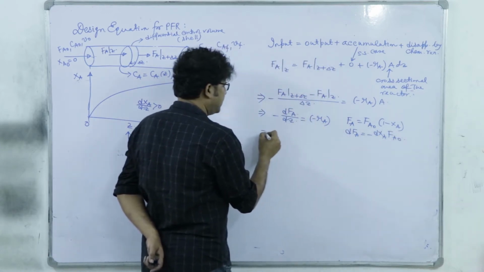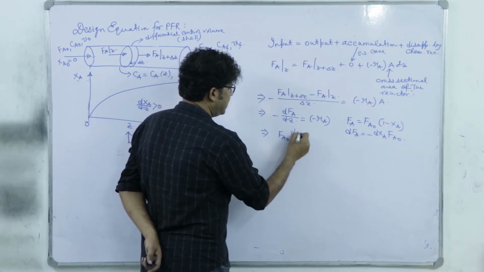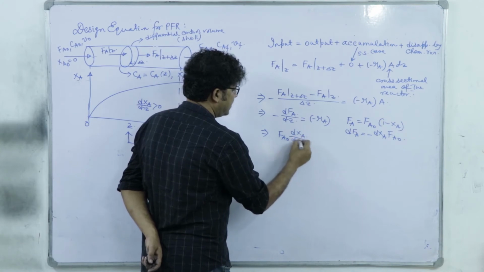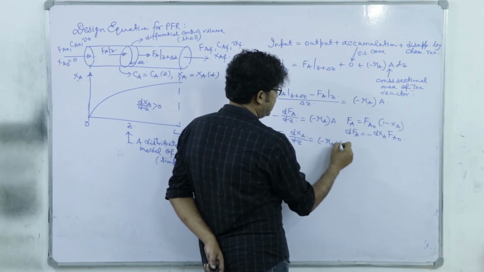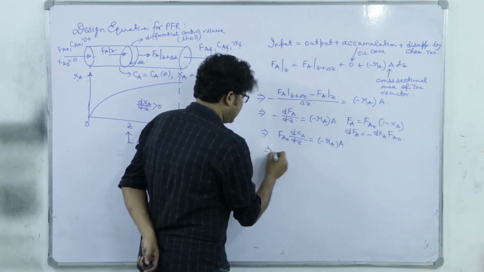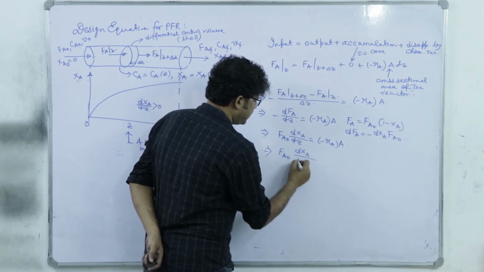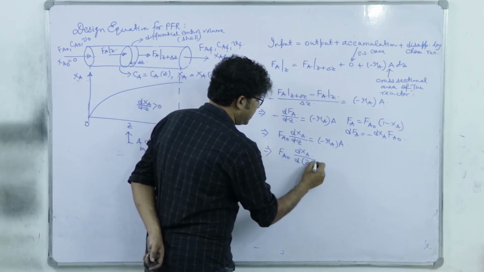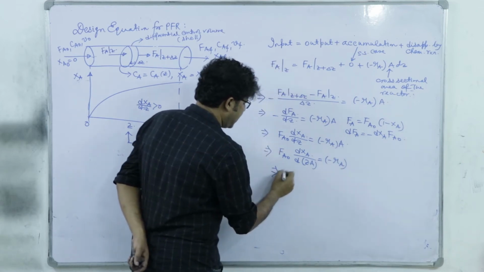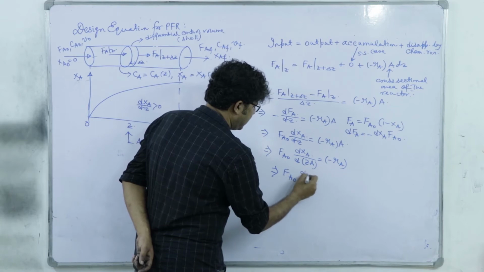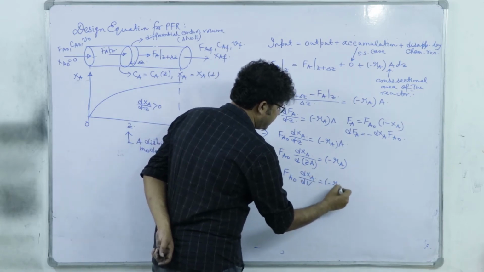Substituting it back, it will be Fa naught into dXa/dz equal to minus Ra into area. Now we may group Z with area as Z into A, because area is constant, and that gives Fa naught into dXa/dV as minus Ra.